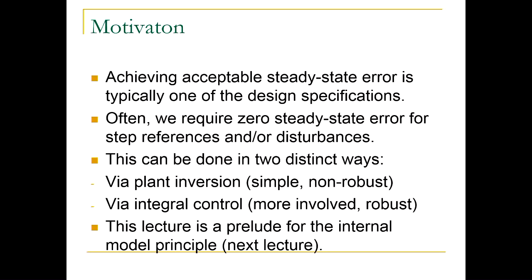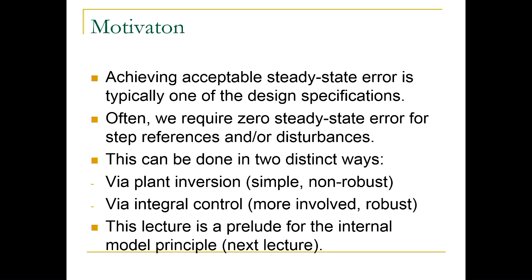We can do this in two very different ways. One is via plant inversion, which is very simple, but I will show you an example that it is not robust. You may design your system, but if anything is different from the situation that you assumed in the design, then the solution will not give zero steady state error. So if you ignore disturbances, but then you end up having step disturbances, you won't have zero steady state error anymore.